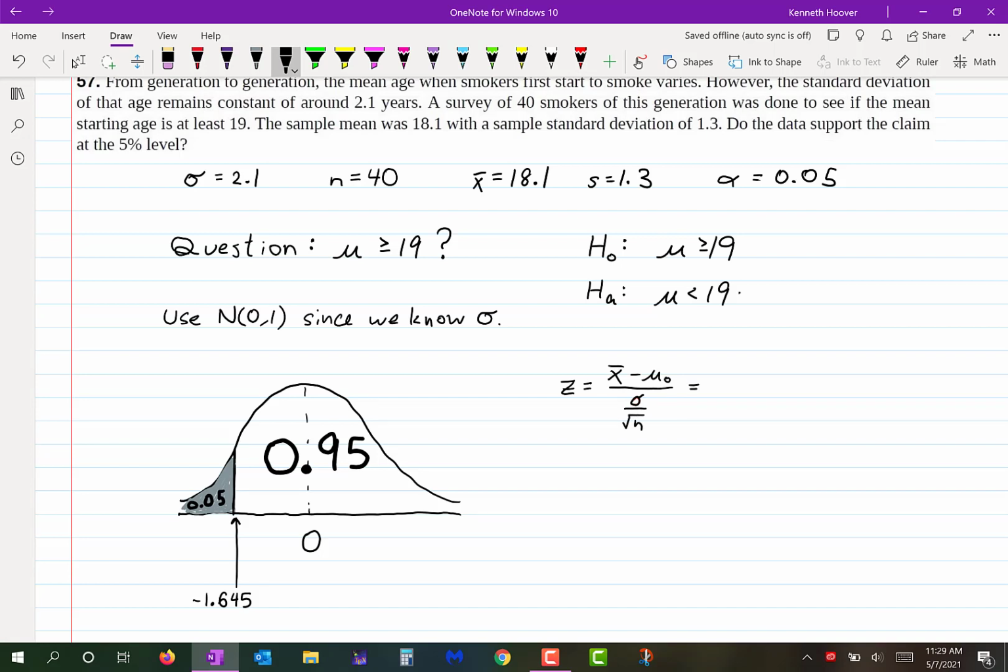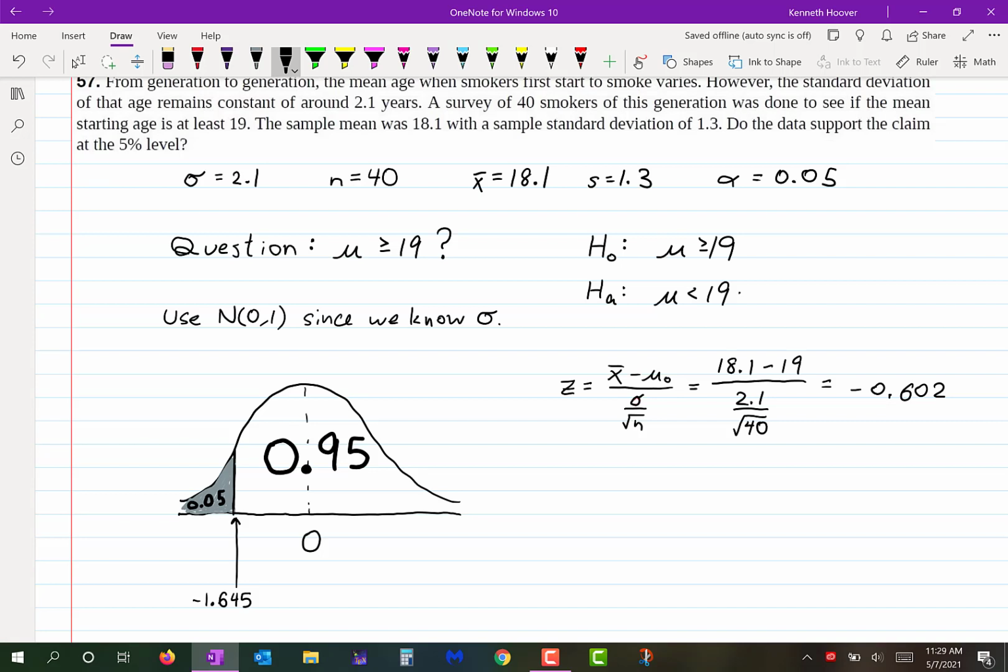Okay, so that's 18.1 minus 19 divided by 2.1 over the square root of 40. That's just a simple calculator problem. And that comes out to be negative 0.602.